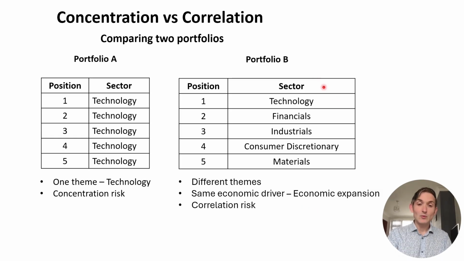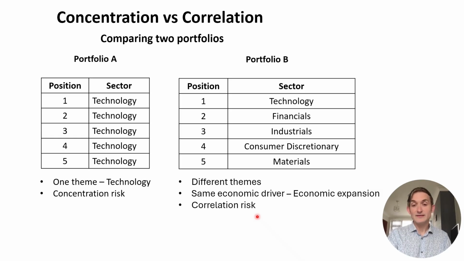But what's not known at this level is that underneath they are all cyclical sectors that are linked to the same economic driver, which is economic expansion. So this means that they move together and they're considered to be highly correlated.